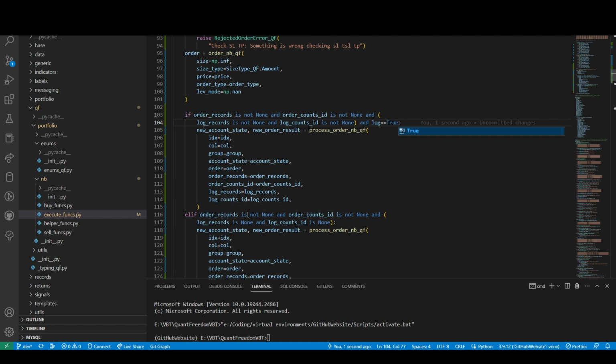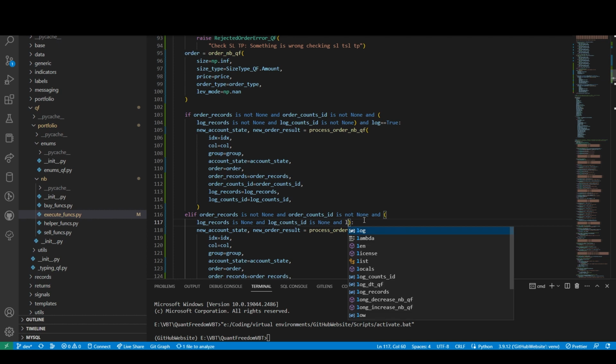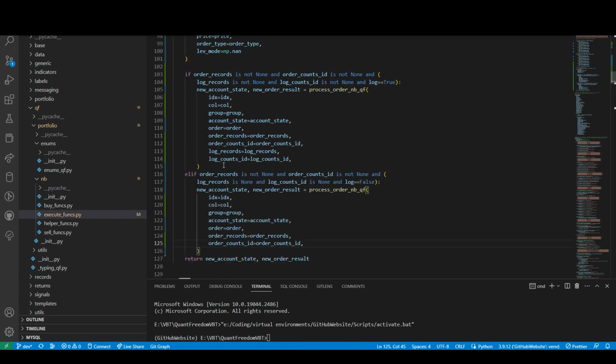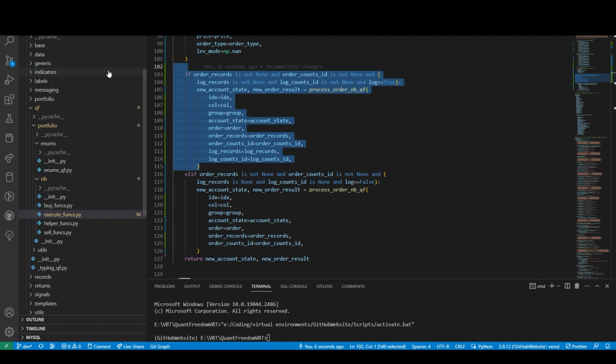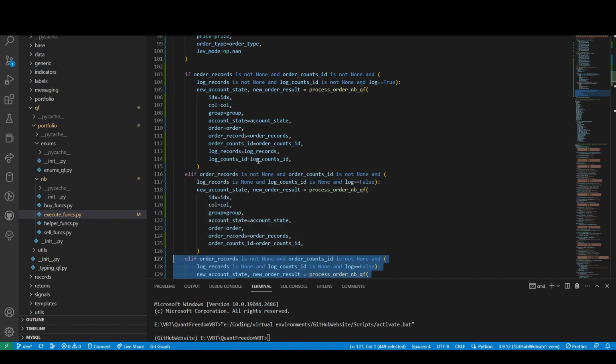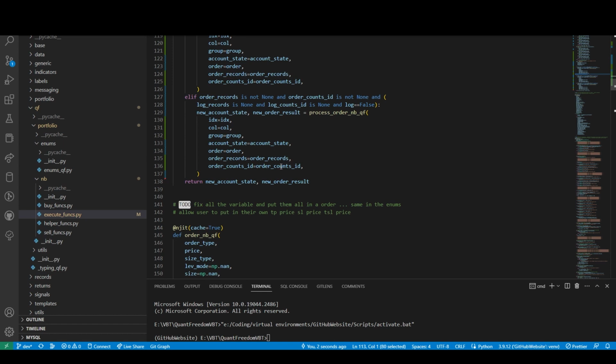So here we have if order records is not none and order count is not none, and this is none and this is none, and log equal false. And log equal true, right? So that means we just send this. I think it's impossible to just want the logs, but whatever. I think that's impossible, right?